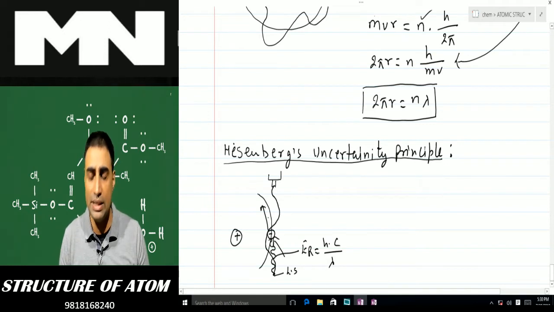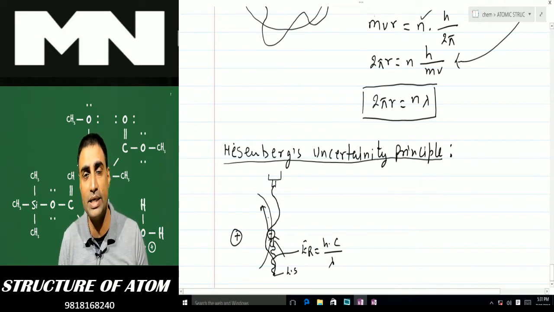What Heisenberg did, he related these two uncertainties with the Planck's constant.